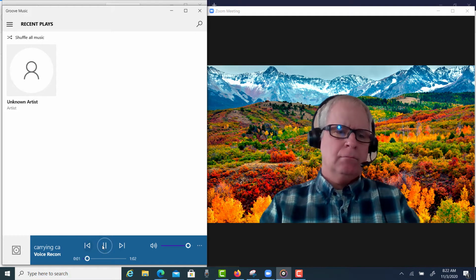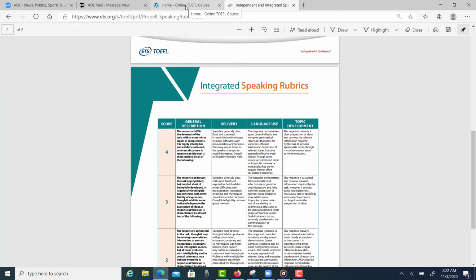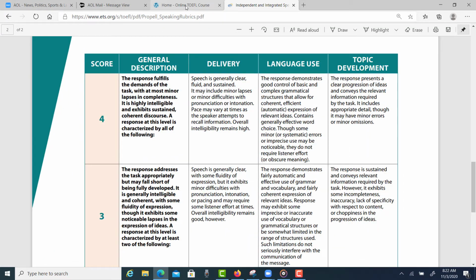Okay, so I was looking at the rubrics here. Yeah, it's tough. Speech is generally clear, fluid, and sustained. It may include minor lapses or minor difficulties with pronunciation and intonation. Here, speech is generally clear with some fluidity of expression.